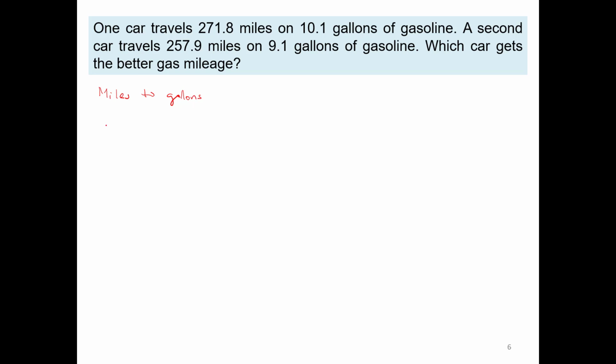Let's write it for car one. For car one, miles to how many gallons. For car one, we had 271.8 miles to 10.1 gallons.